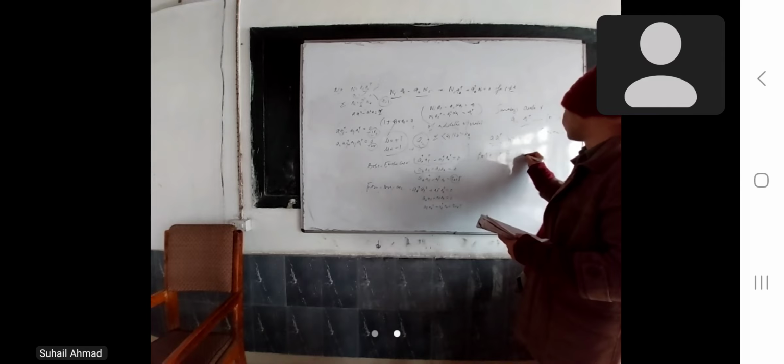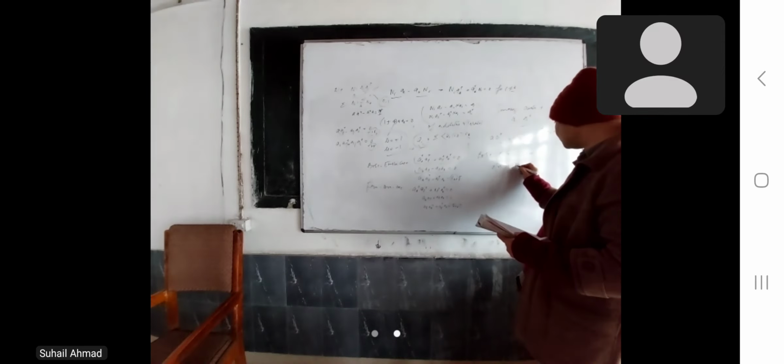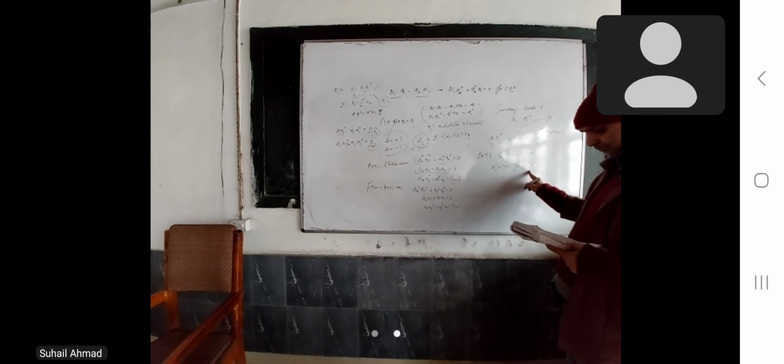And for the Bose-Einstein case, A acting on this state should be equal to root n. So root कैसे आता है? Let's see it. You can see it comes like this.